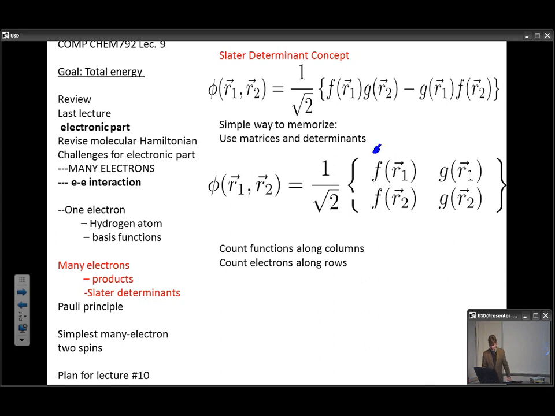So one arranges functions going horizontally along the rows, and one arranges the electrons going along the columns, and just puts functions and electrons in a matrix, and then follows the algebraic procedure of finding the determinant. This procedure automatically includes swapping of the sign, and therefore it is a very simple, natural way to construct multi-electron wave functions out of single-electron building blocks.